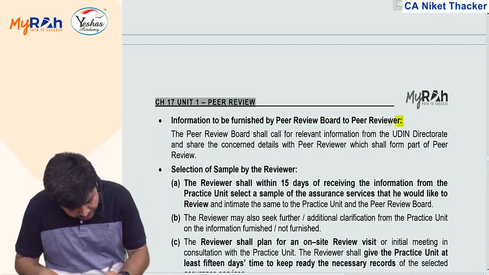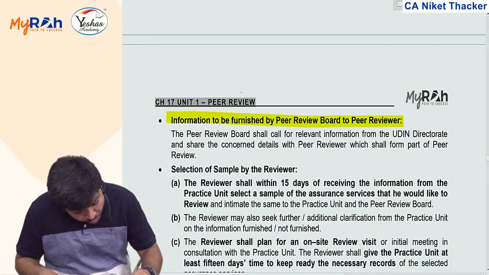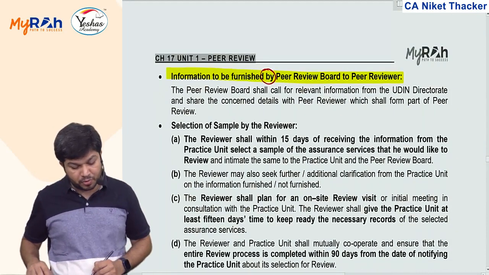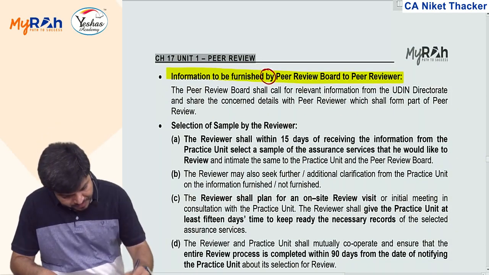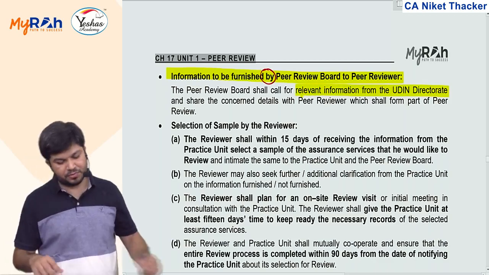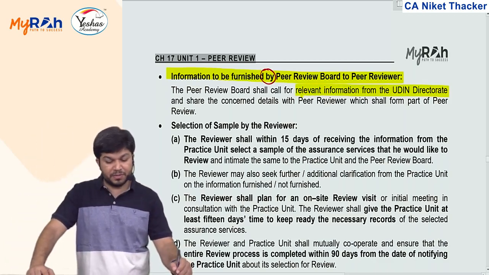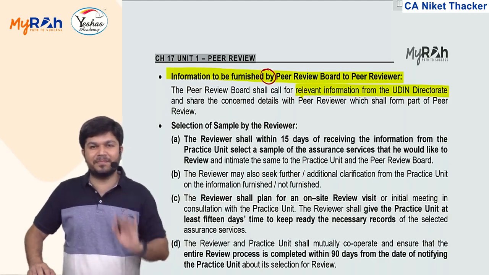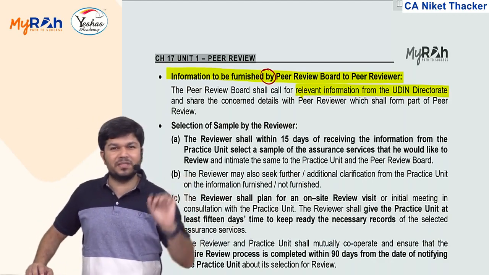Now, information to be furnished by the board to the reviewer. Relevant information from the UDIN directorate. So the peer review board will give information to the peer reviewer from the UDIN directorate. Like simple, you have generated 20 UDINs.